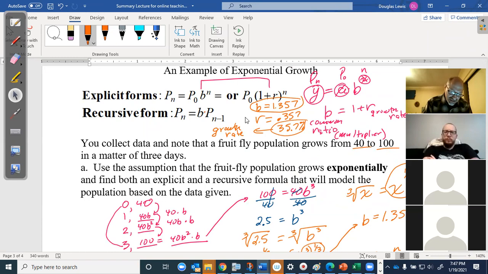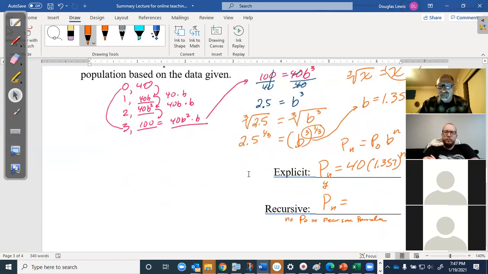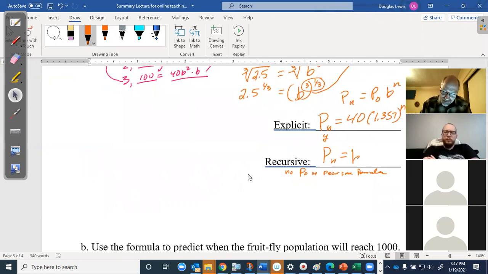That's a multiplication. It tells you what you multiply by. See, look, 40 times B, and that times B, and that times B. You always multiply the previous term by B. So we get B times the previous term. Okay? That makes sense to everybody? What's B though? It's 1.357 in this case.